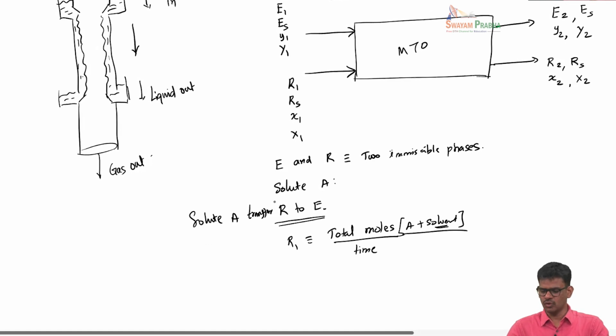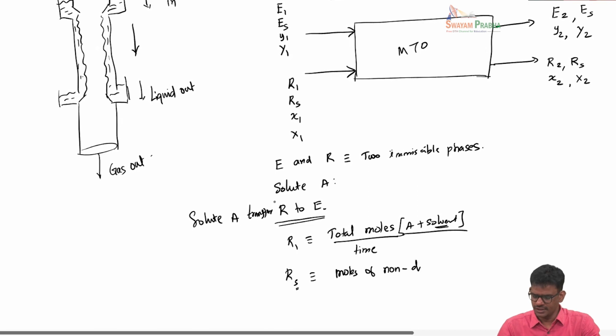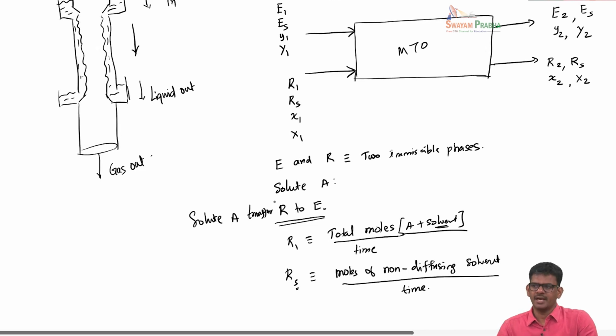And RS, this S denotes solvent-like behavior, which is non-diffusing. So this is the moles of non-diffusing solvent per unit time. These two, R1 and RS, are molar flow rates.